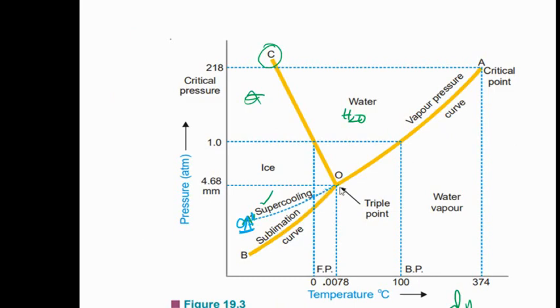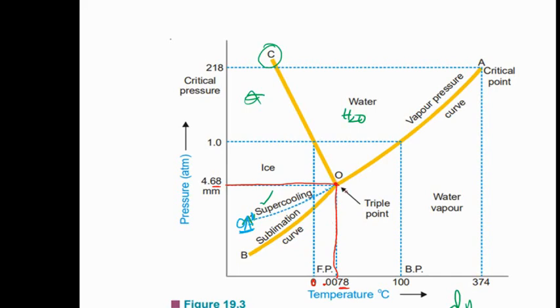F equals 0 occurs when OA, OP, OC meet at the triple point, at a temperature of 0.0078 degrees Celsius and a pressure of 4.58 mm of mercury. When this temperature and pressure occur, liquid, solid and gaseous water all meet at the point.